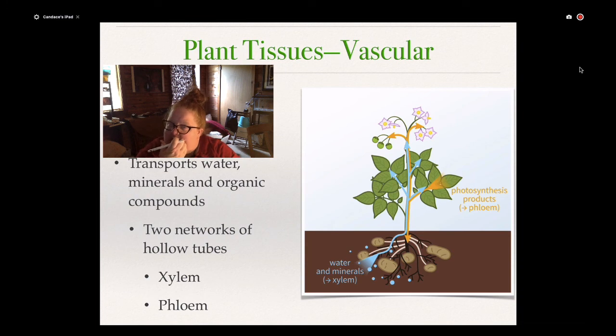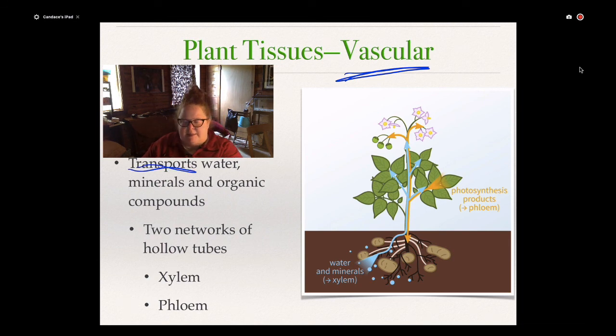Okay, and then we have what's called vascular tissue. Again, this has a parallel in animals. Some animals have vascular tissue, not all of them, but certainly humans do. It functions in our bodies to transport things throughout, like our blood is transported throughout our body in our vascular system. The vascular tissue in the plant is also used for transport.